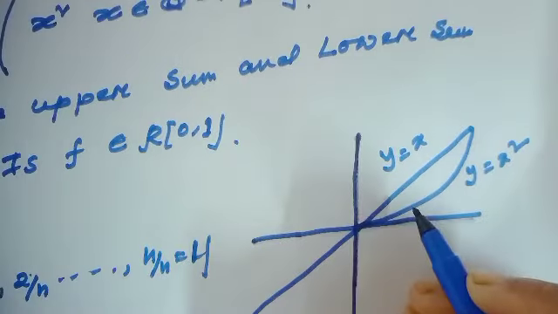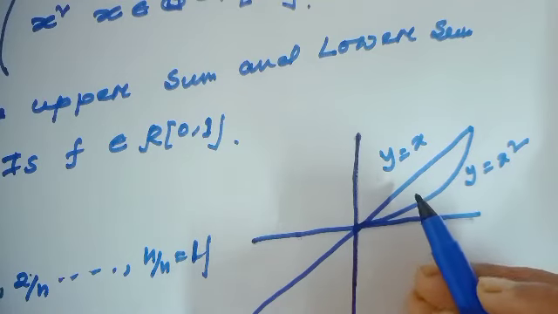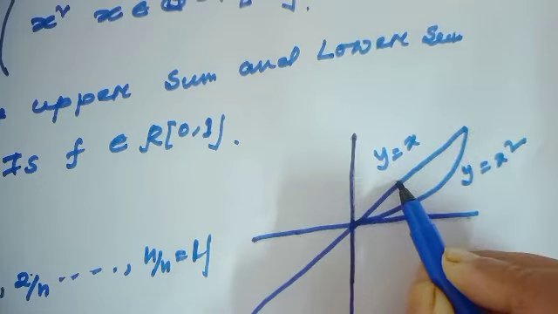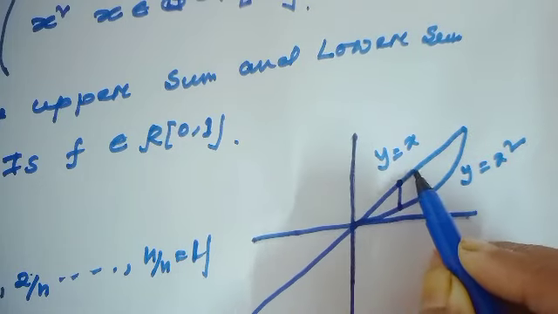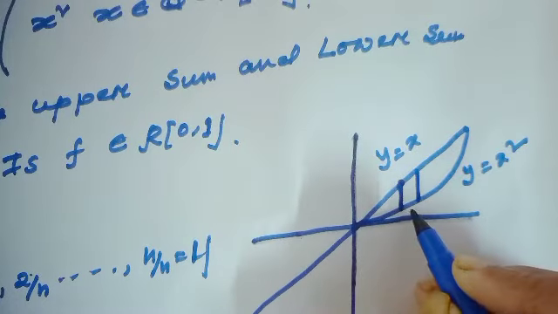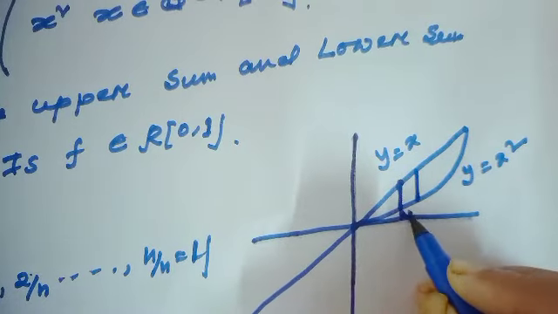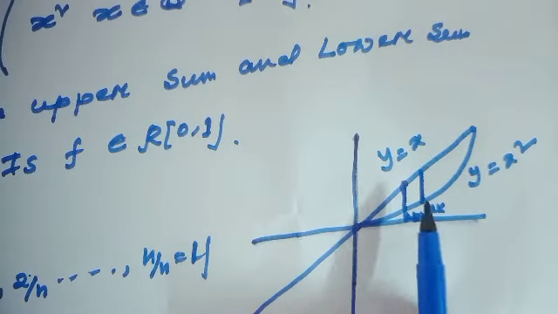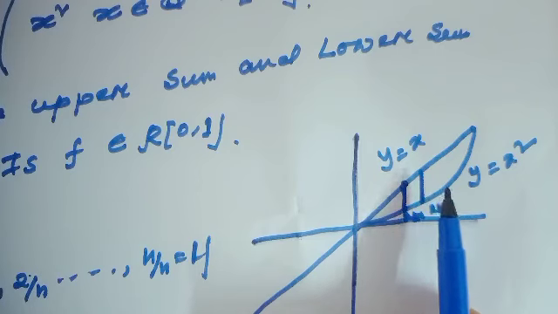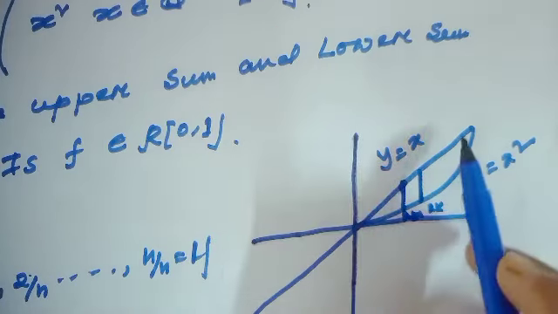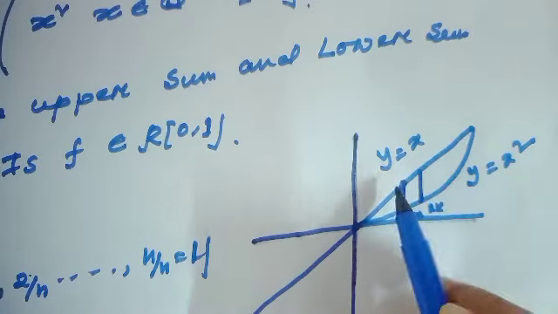See the graph. Always the maximum value exists on the function y equal to x. If you consider this sub-interval xk minus 1 to xk, notice here the maximum value always exists at the point xk on the line y equal to x.